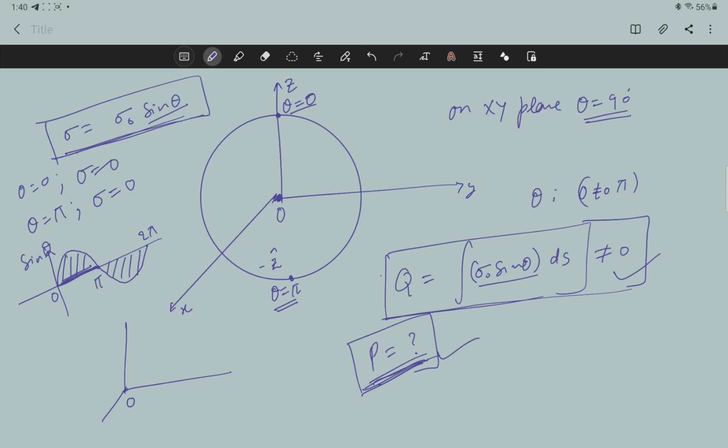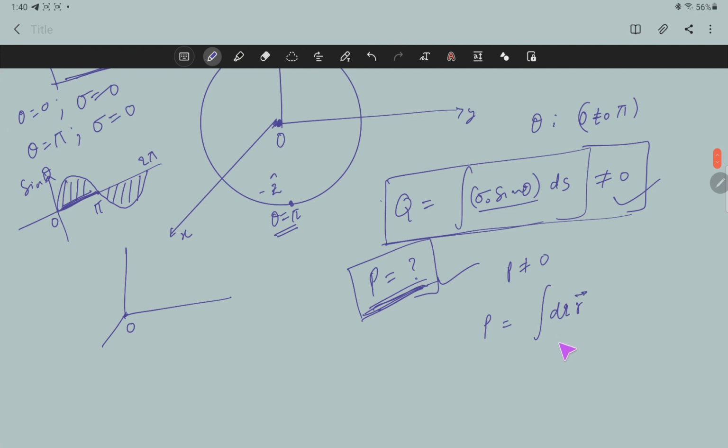If you calculate the dipole moment with the origin at the center of the sphere, it will be 0, because the formula for dipole moment is the integral of dq r vector, and dq is sigma ds.